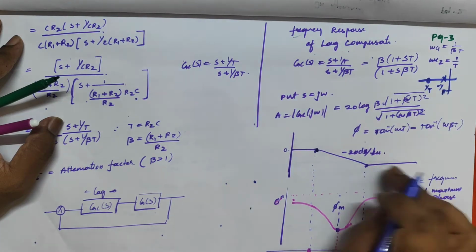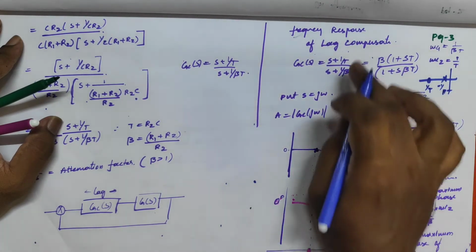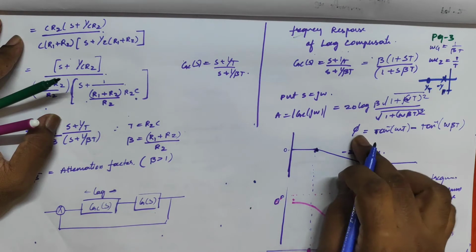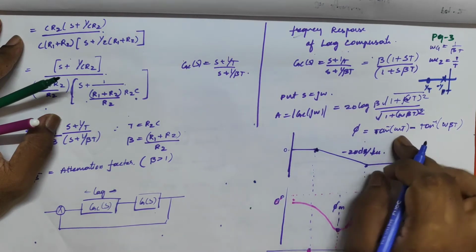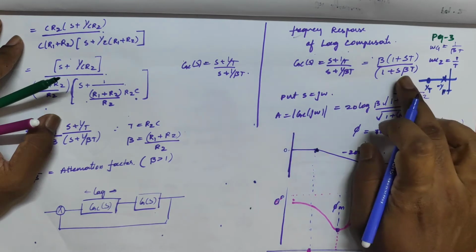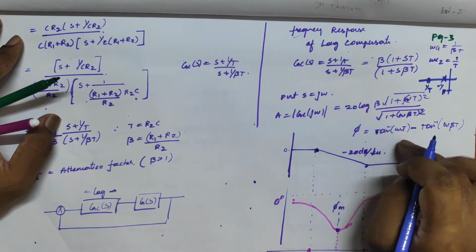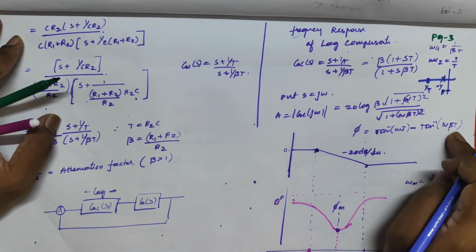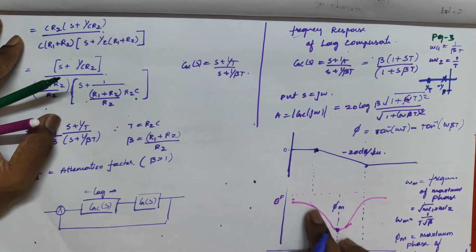So this is the magnitude plot of this lag compensator. If you draw the phase plot, substituting s equal to j omega, the phase is tan inverse of omega T minus tan inverse of omega beta T. So we obtain this phase.